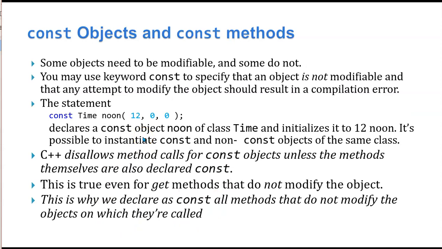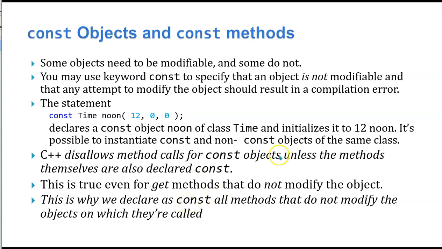Some objects need to be modifiable and some do not. You may use the keyword const to specify that an object is not modifiable, and that any attempt to modify the object should result in a compilation error. So here we define time as a const. It's possible to have both const and non-const objects of the same class, but C++ disallows method calls for const objects unless the methods themselves are const. That controls side effects.